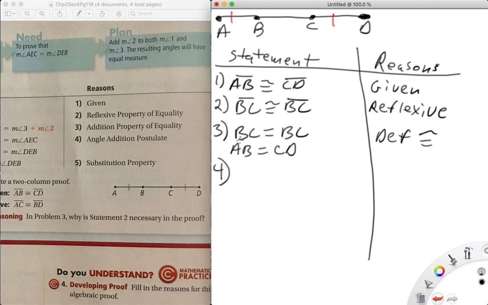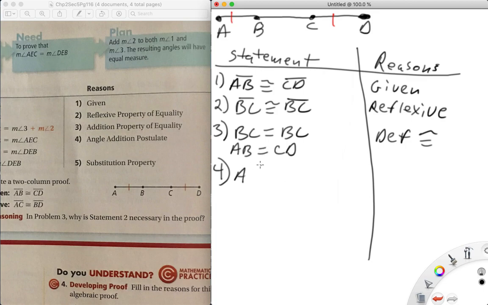Now that I have them as equal segments, I can add or subtract them. I can't add and subtract congruent statements. I can only add and subtract equal statements. Let's use the same logic as the angles so as to not confuse.